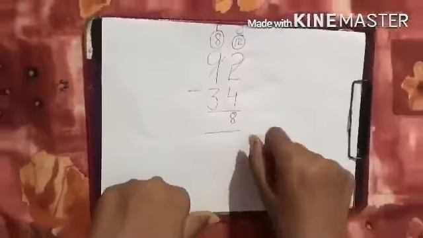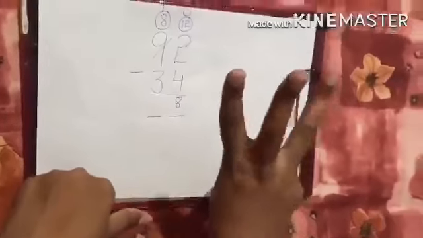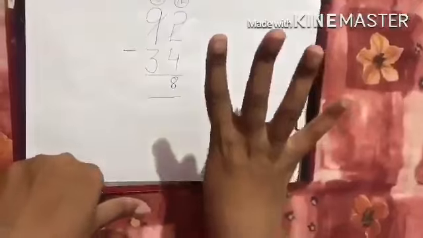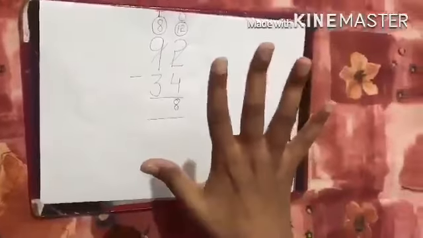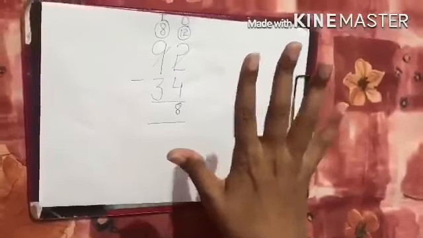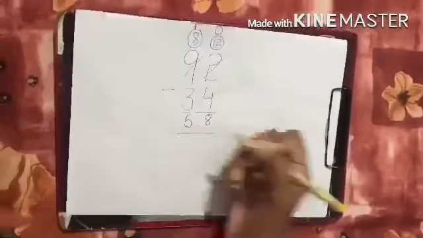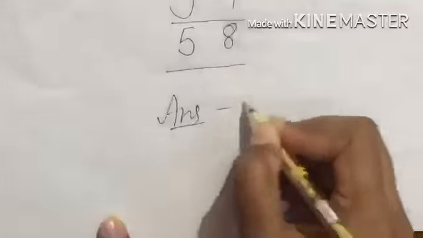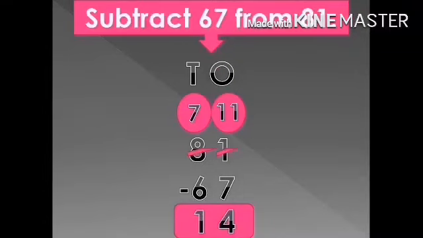Let's start. 4, 5, 6, 7, 8. How many fingers are here? Yes, 5. So, we will write 5 under the tens column. Our answer is 58.